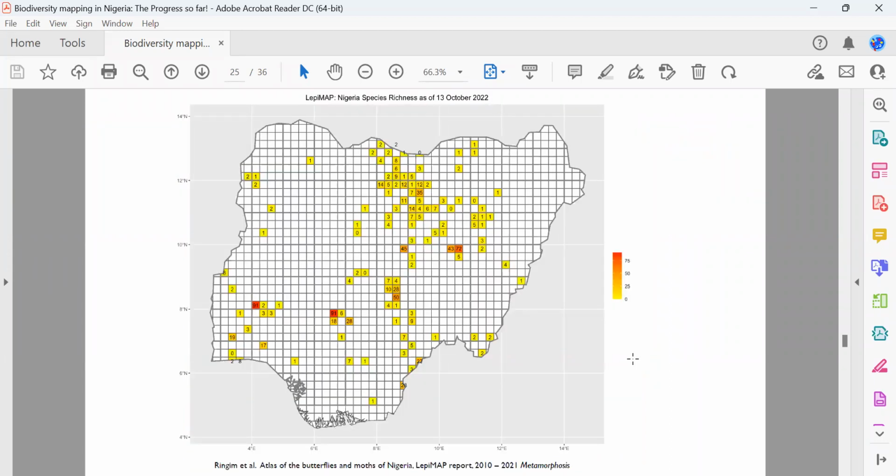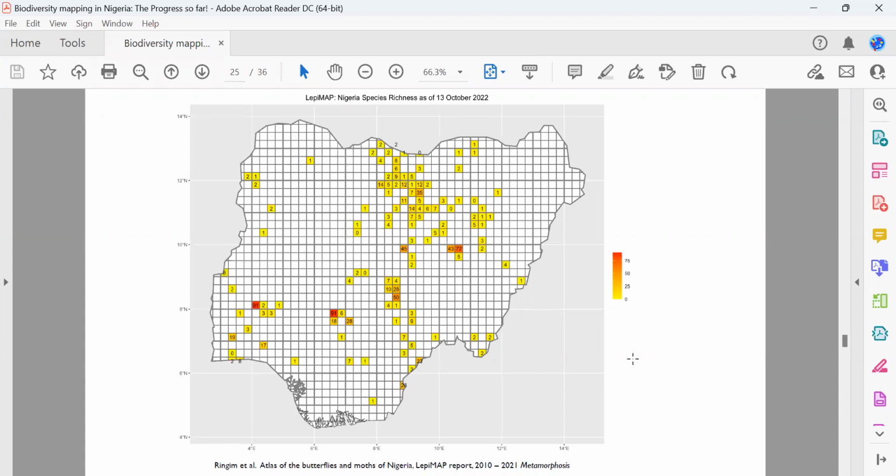And for the MAP project, which is also one of the flagship projects we are all involved in as citizen scientists, that is the distribution map for butterflies and moths. This is the species richness as of yesterday on the Virtual Museum. And you can see some good numbers of species richness around some areas, like the grid cell around Lafia. That is interesting because Atabo did his project about biodiversity mapping in the University of Lafia, I think, and he submitted some incredible records.